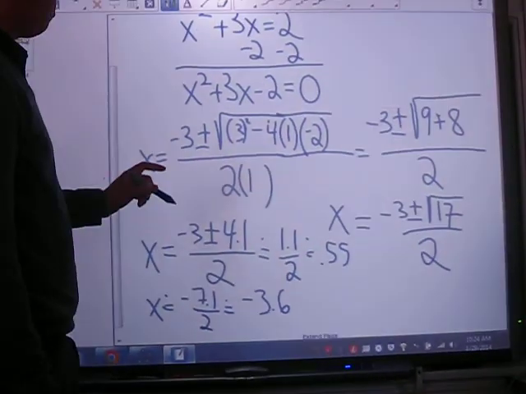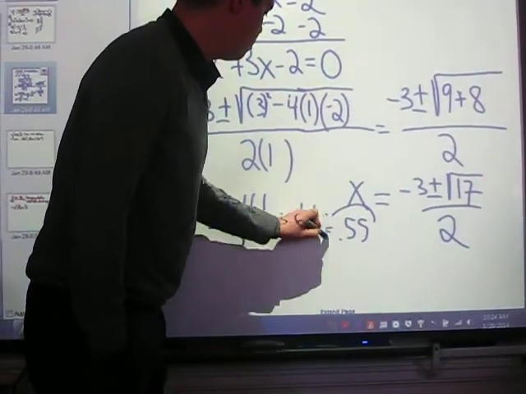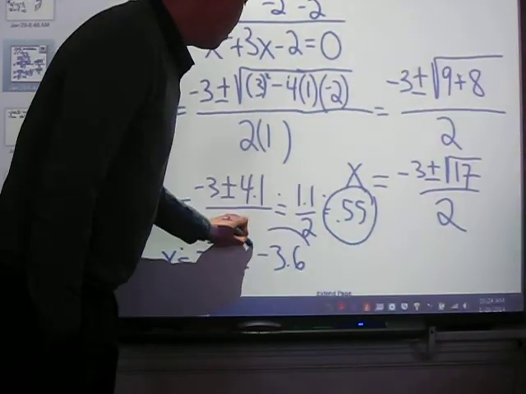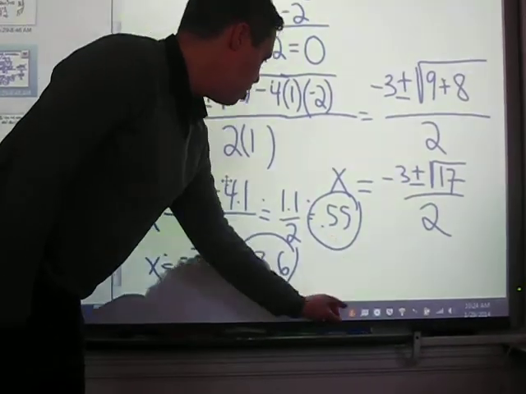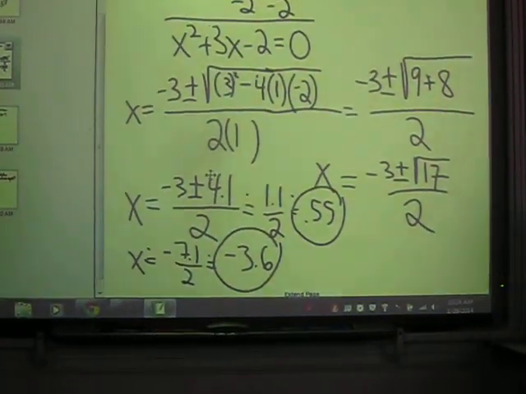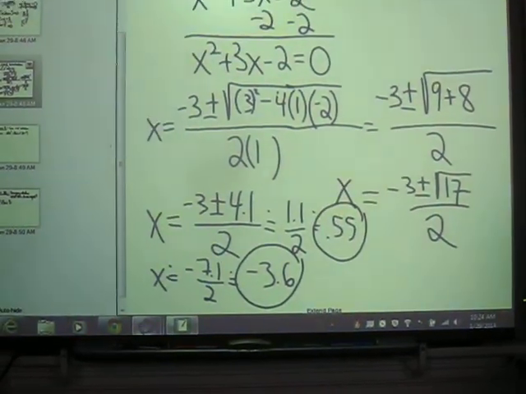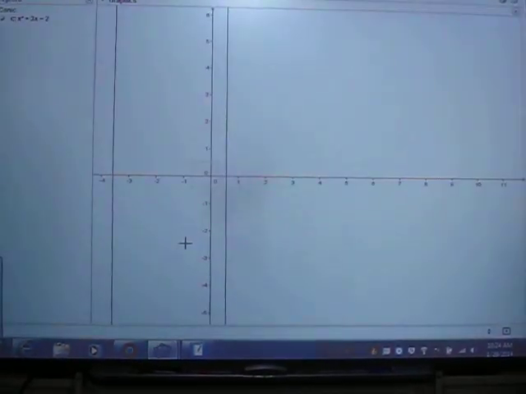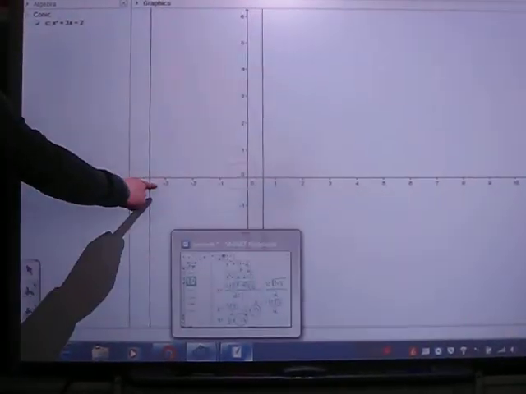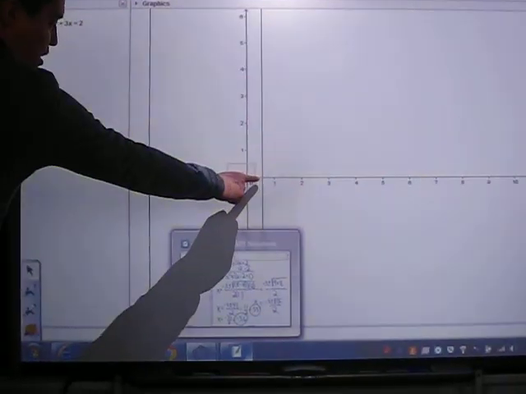So if we did this correctly, we have a root at negative 3 and some change, and a root just in between 0 and 1. Then we did it correctly.